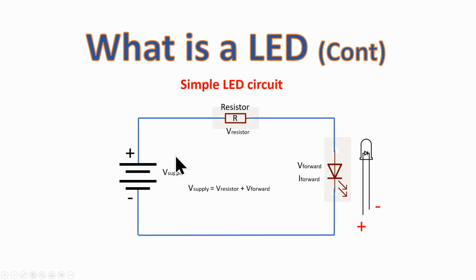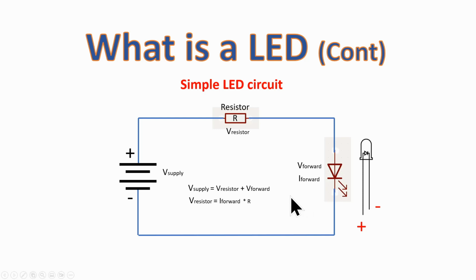If we look at the circuit, the supply voltage has to be equal to the voltage drop across the resistor and the voltage drop, or this forward voltage, across the LED. So we're given the supply voltage and the forward voltage.